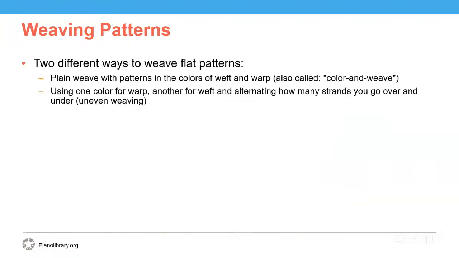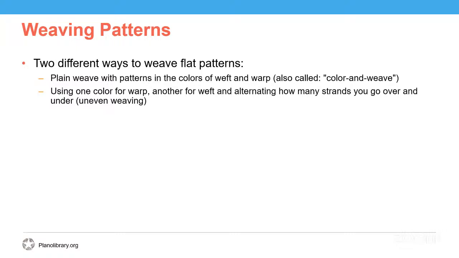So you may ask, how do we weave patterns into our fabric? It's not just plain cloth that we weave all the time, right? There are two different ways to weave flat patterns. There is plain weave, with patterns in the colors of weft and warp. Plain weave is typically what we have been taught in grade school.